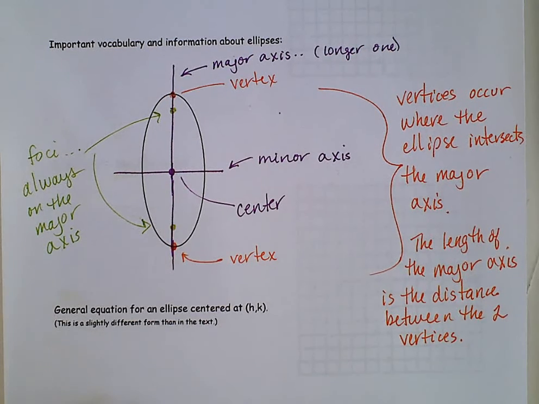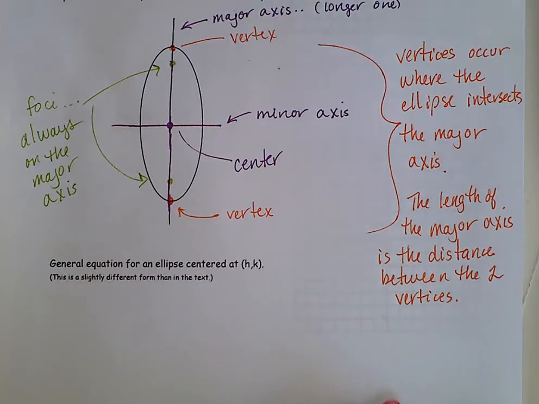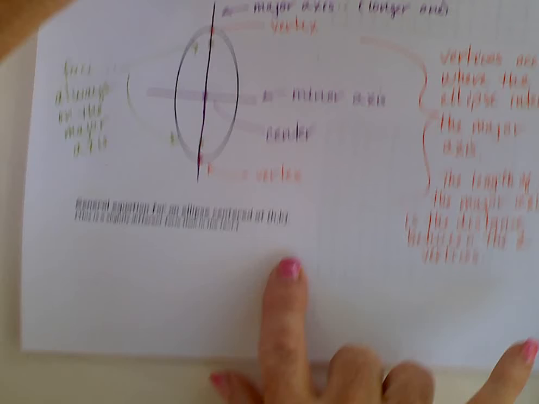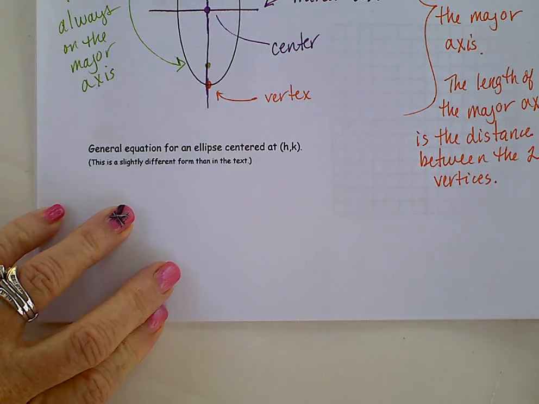Okay, now there is a general equation for an ellipse centered at (h, k). Again, slightly different than the text, but that's okay. We can work with this.